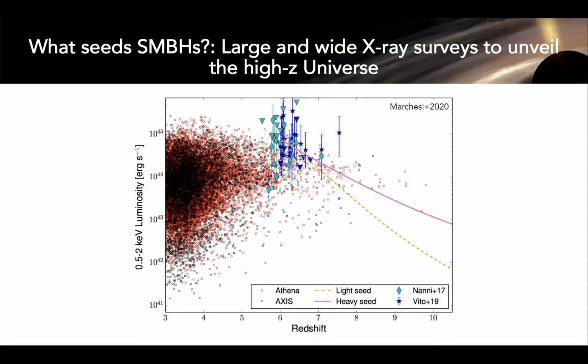And as you can see, different seeding scenarios predict a different number of AGN as a function of their X-ray luminosity and also as a function of their redshift. So the more AGN that we're finding as a function of higher redshifts, the better we have of understanding how these supermassive black holes possibly formed.